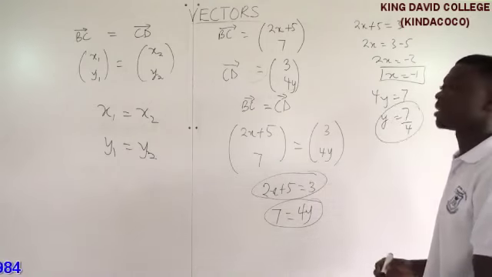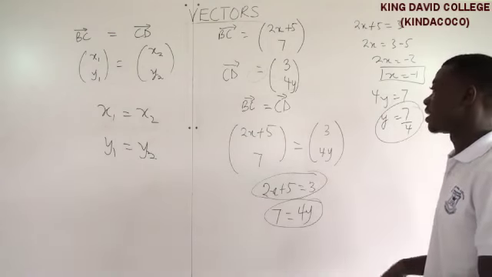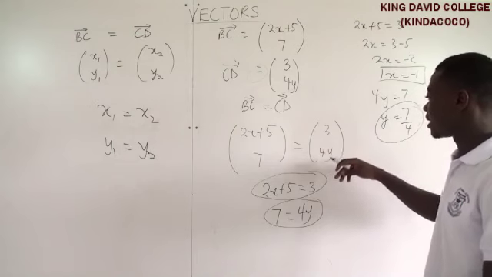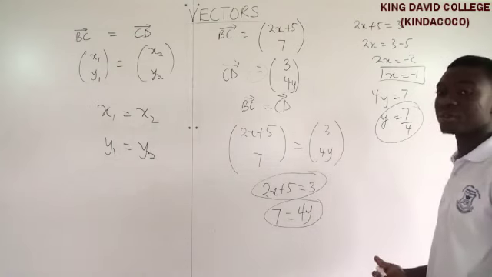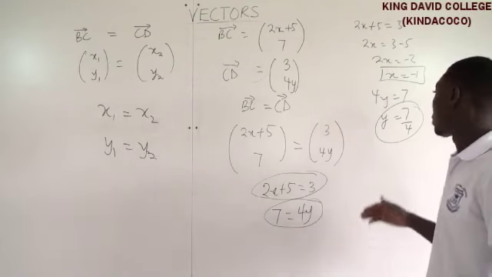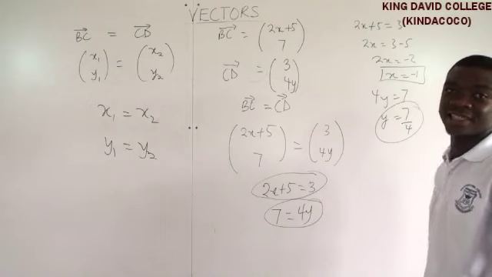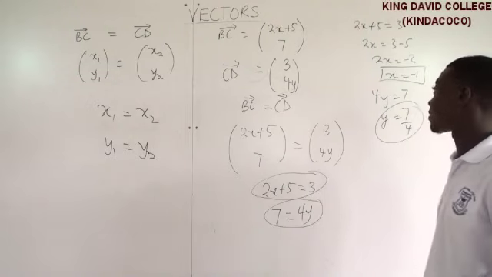As simple as that. So we've been able to find the value of x and y. Sometimes there can even be x here, so you have a simultaneous equation and you put it in there like that. So that is how this is actually done.